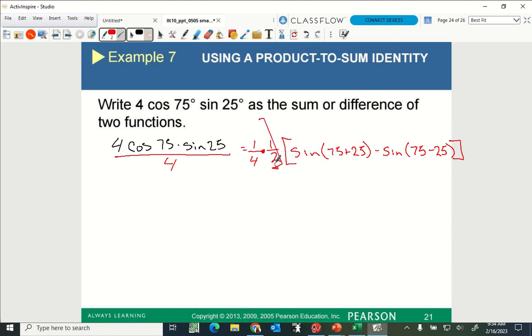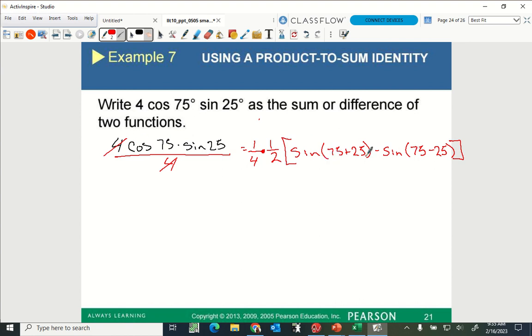So I'm just going to leave it as 1 over 4 times the 1/2 right here, because this is going to end up multiplying at the very end anyway. So by canceling this out, I have now moved the 4 over to this side, and I have the cosine sine like I have here.